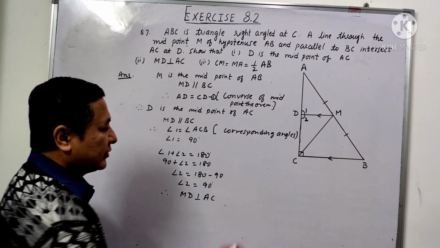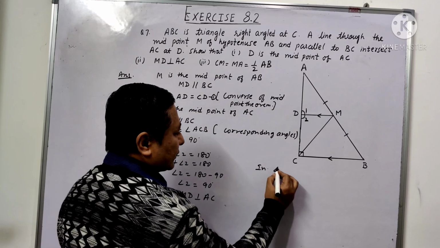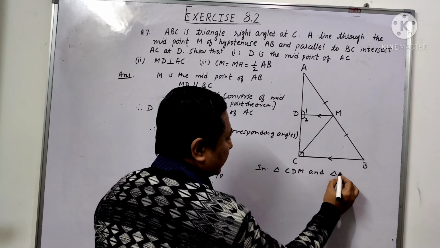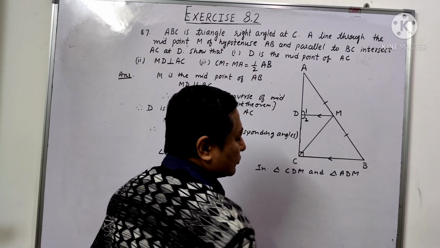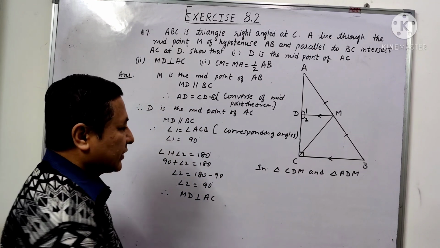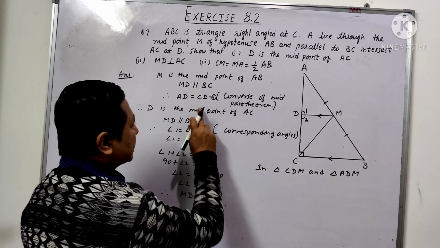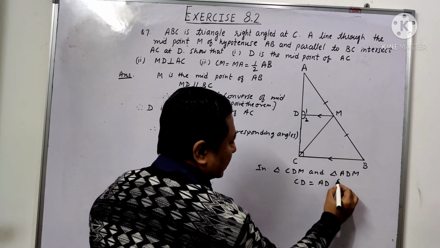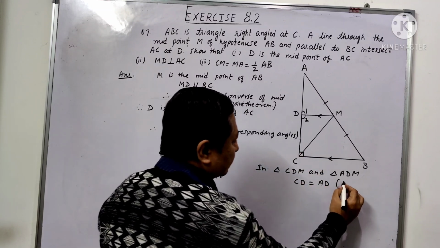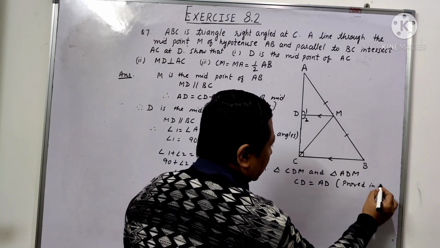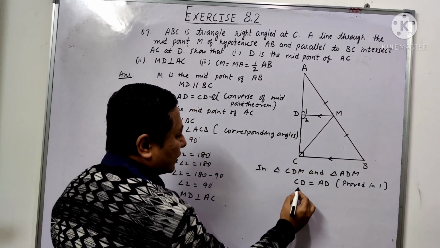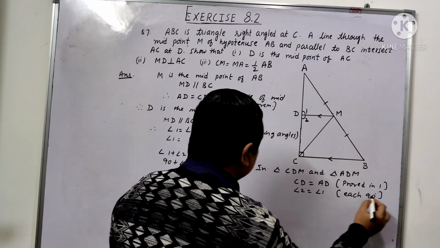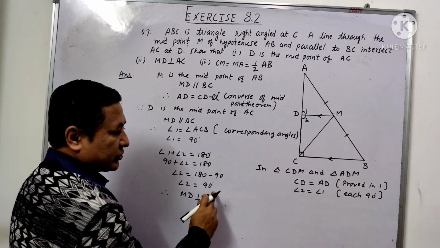Now for proving the third part, we will take two triangles. In triangle CDM and triangle ADM, we are going to prove these two triangles congruent. In triangle CDM, you can see CD and AD are equal. So CD is equal to AD, as proved in the first part. Angle 2 and angle 1 are equal because both of them are equal to 90 degrees.